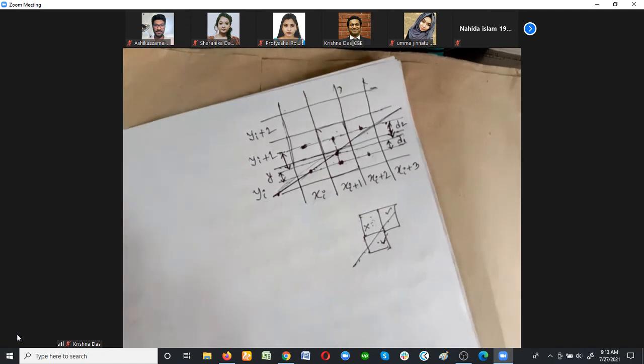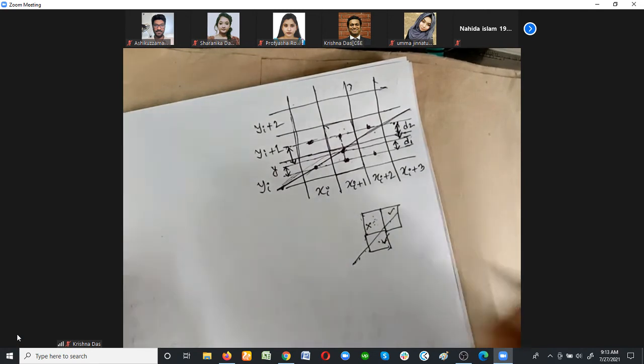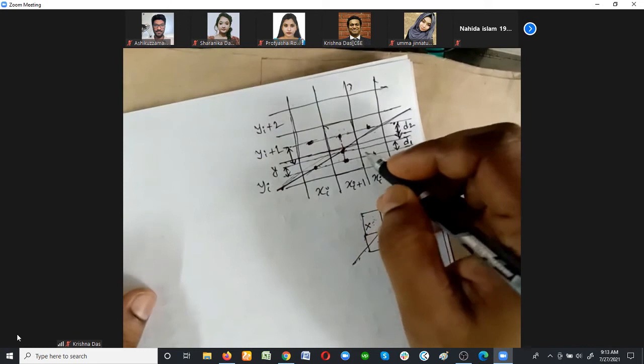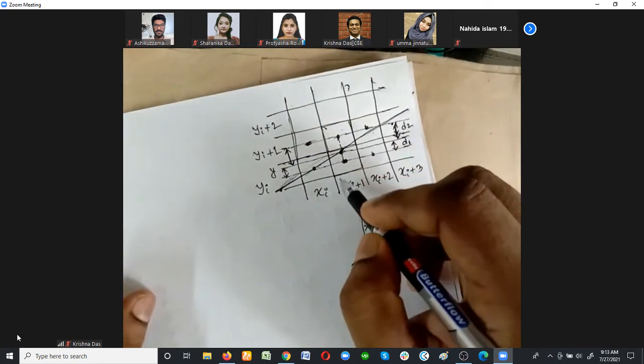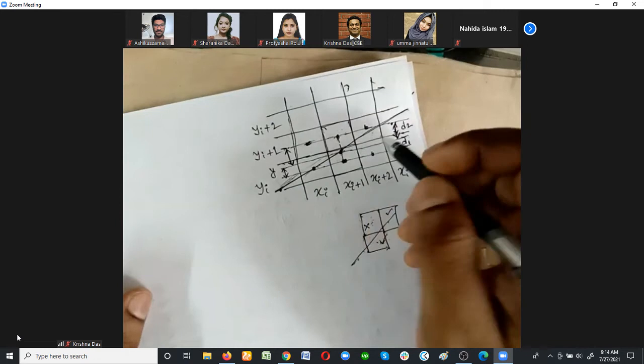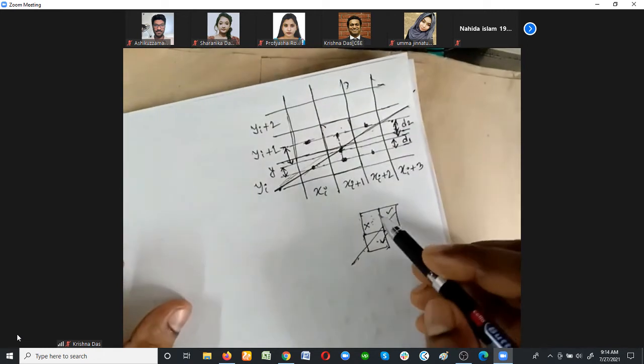Already we have said which one I can take, right? You have seen that for this case, as the line is going like this, which one is better to take? I can take maybe the lower one, right? It is more like this.